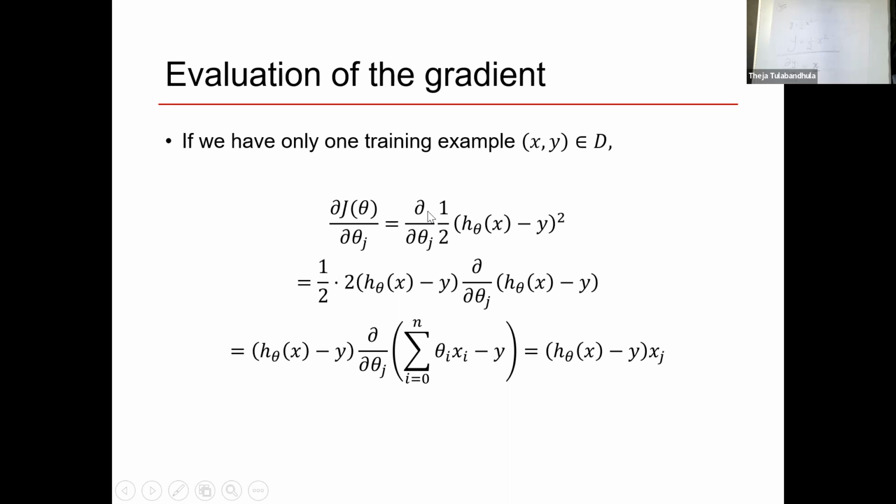The partial derivative of a function which is the sum of 100 terms is the partial derivative of the first term plus the partial derivative of the second term plus the partial derivative of the third term, and so on. Each term gives an expression like this, so the summation still remains and nothing else changes. We focus on only one term, a generic x comma y data point, or the only data point in D. But if we had m data points, then there would be an extra summation here.